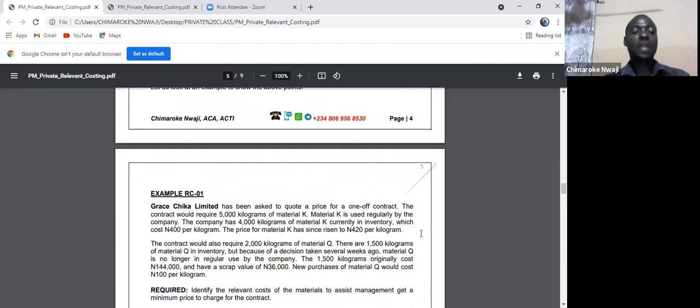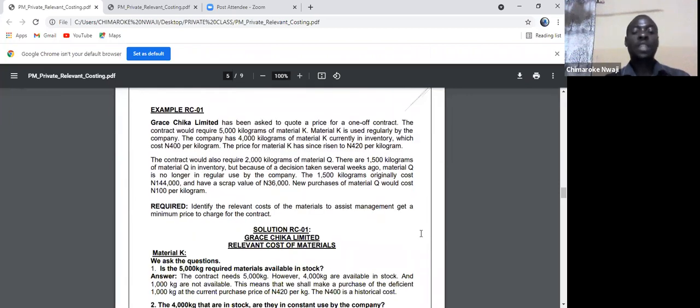Now let us look at an example to see how we can answer this question on relevant cost. Grace Chica Limited has been asked to quote a price for a one-off contract. The contract would require 5,000 kilograms of material K. Material K is used regularly by the company.